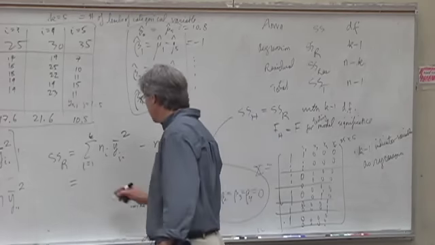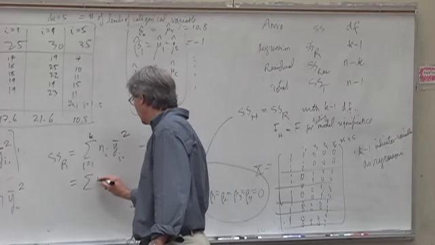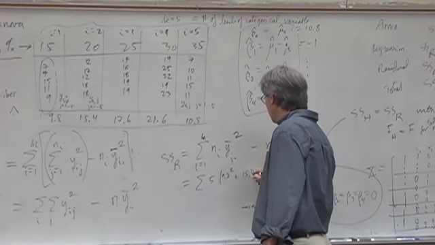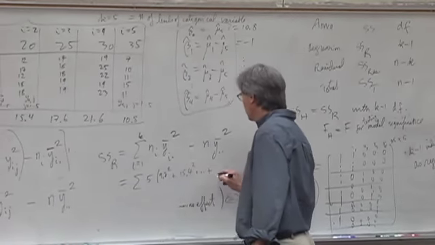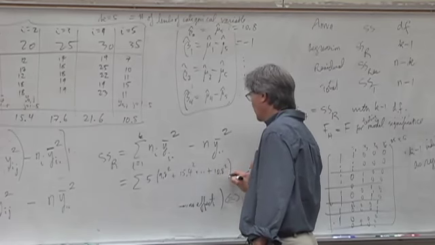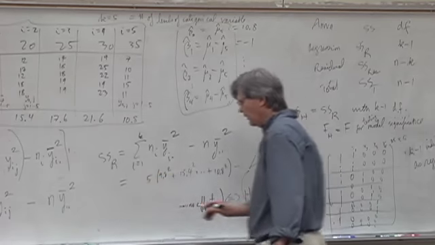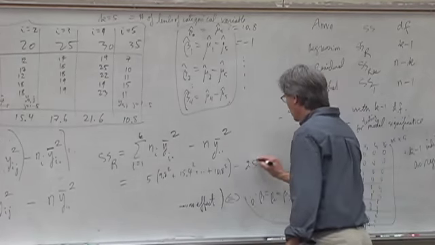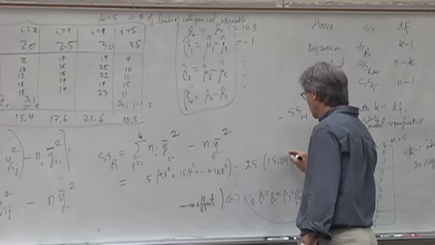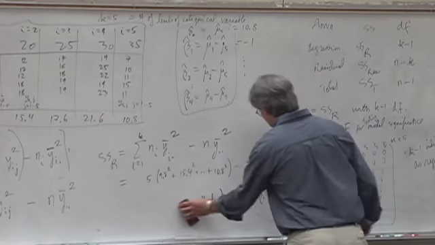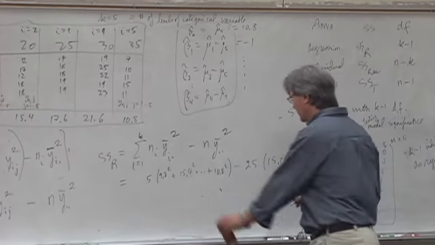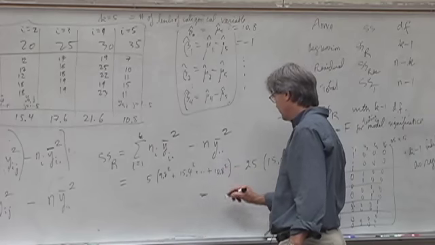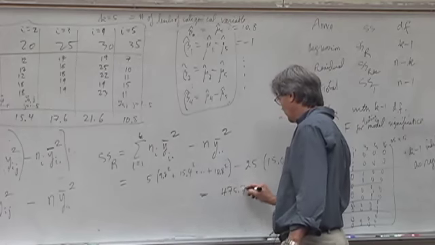So in the balanced case, this is going to amount to 5 times the 9.8 squared, plus the 15.4 squared, plus and so on, plus the 10.8 squared, minus 25 times y double dot bar, which is 15.04 squared. And this supposedly comes out to be equal to 475.76, I guess.